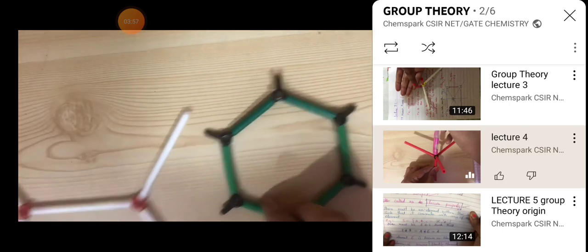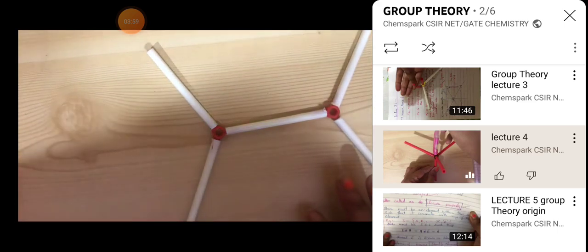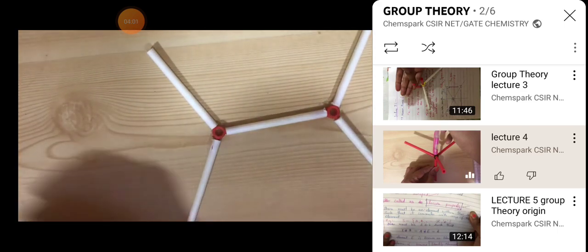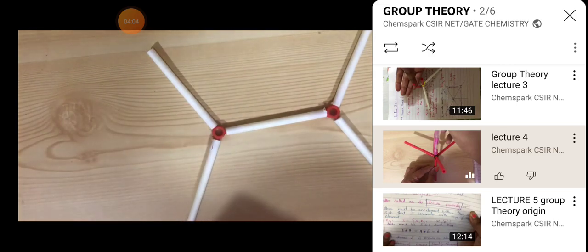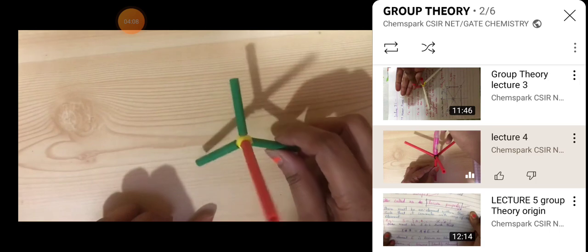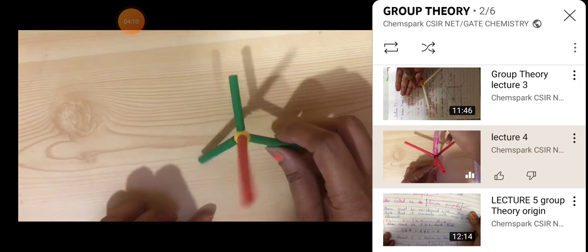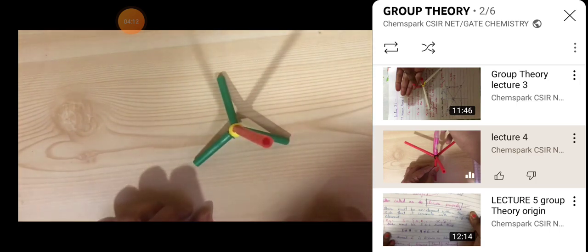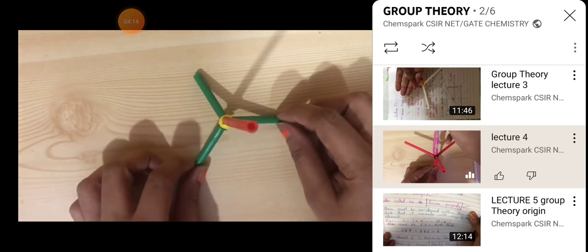For example benzene, ethene, or you can choose the example of chloroform. Let me consider chloroform. My first question is whether a center of inversion exists in this, and the answer is no. Why is the answer no?